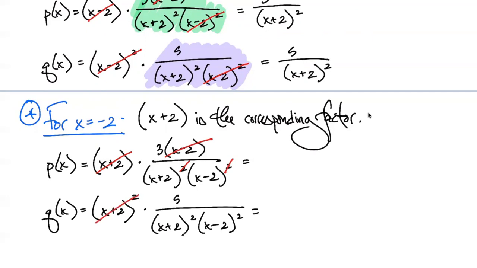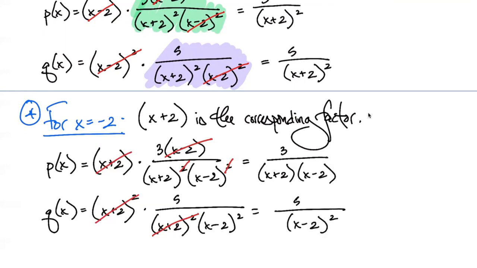Looks like both the x plus 2's reduce here. And so we're going to end up with 3 over x plus 2 times x minus 1. And over here, we're going to end up with 5 over x minus 2 squared. Okay.